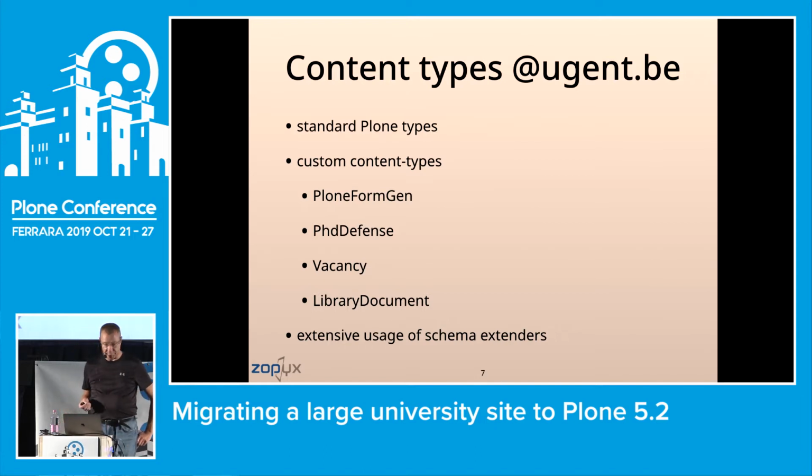Then there is a content type for PhD defenses, for advertising PhD defenses, events, and so on. There's a vacancy module, a library document type, and many of the types are extended in various ways by traditional Archetypes schema extenders. They have been using this technology pretty extensively, for good or bad.